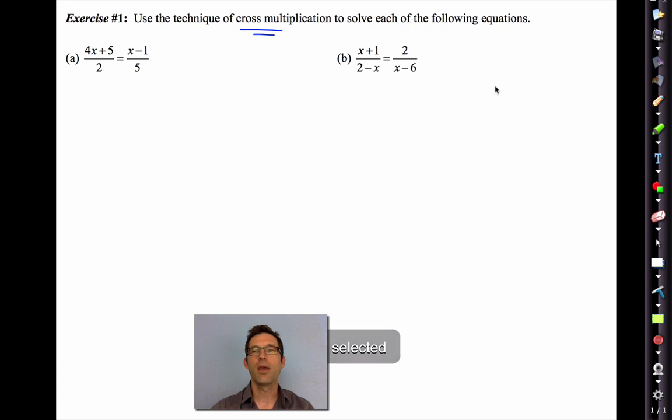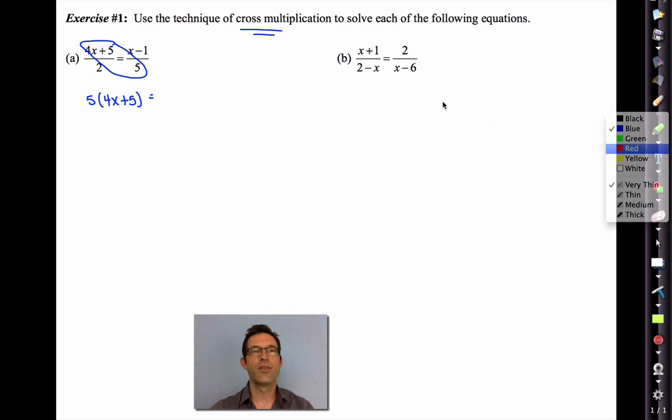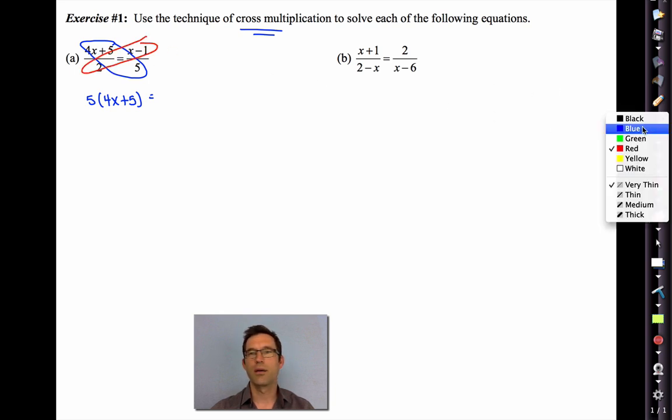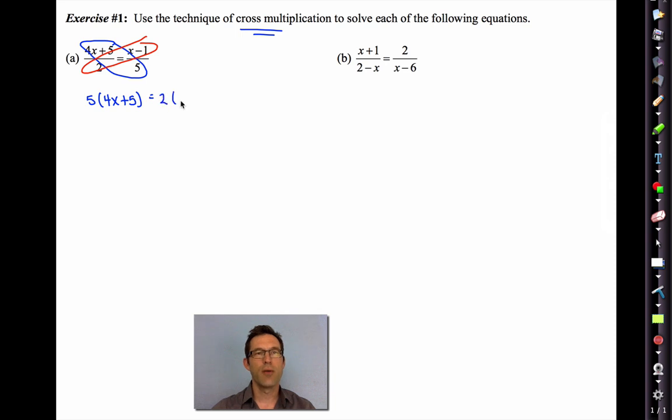In other words, taking this numerator and this denominator and multiplying them, and then taking this numerator and this denominator and multiplying. Now, many of you will do that multiplication in your head, and that's completely okay because it's pretty easy to multiply those two together and multiply those two together.